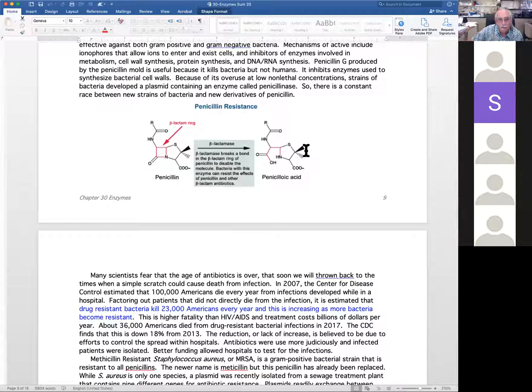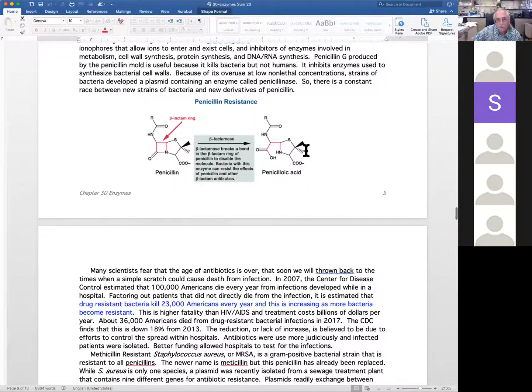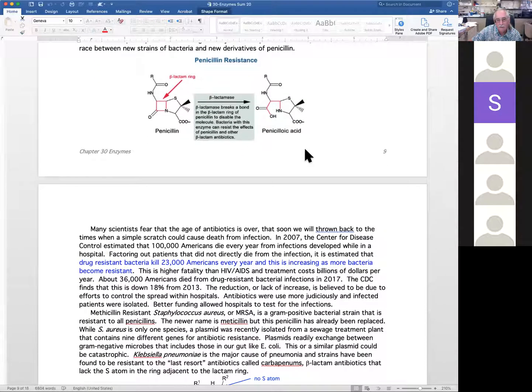Then talking about antibiotics, you see this is the beta-lactam ring is simply a highly stressed ring. So when it does bind to an enzyme, it can easily break that bond open and form bonds with the enzyme itself.